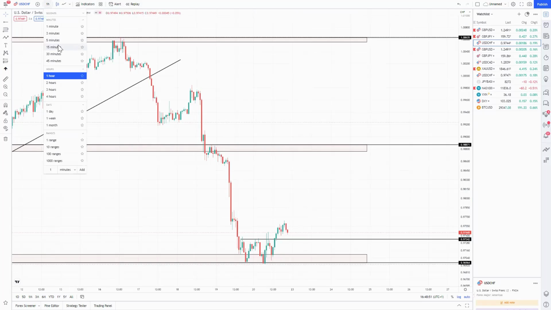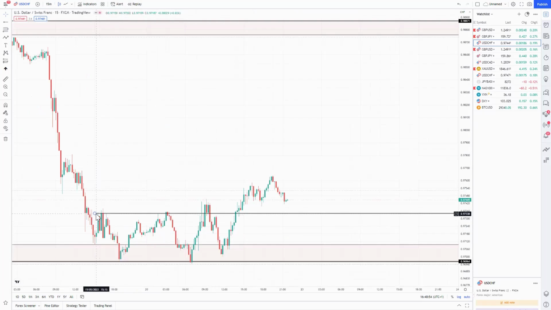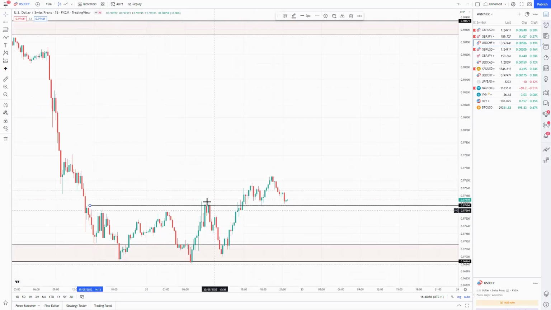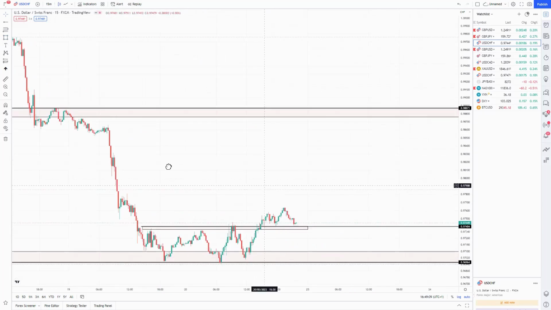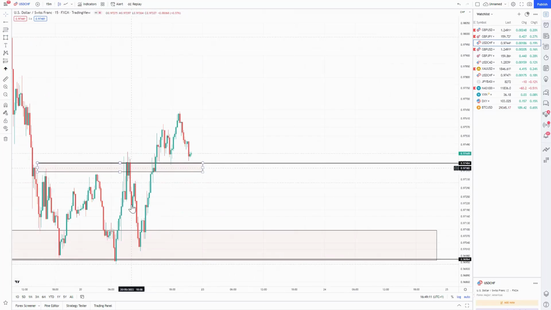You can see it clearly. Okay, let's use this place because this was the last low price broke. Let's mark that out. Okay. This was the last high price broke.